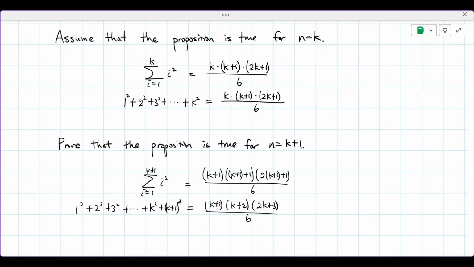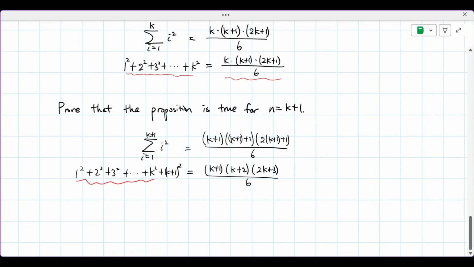So it means that 1 squared plus 2 squared plus 3 squared dot dot dot plus k squared is indeed equal to that expression. So I think I can replace most of my left-hand side with that, can't I? So that means I can rewrite this as k times k plus 1 times 2k plus 1 over 6 plus k plus 1 squared.